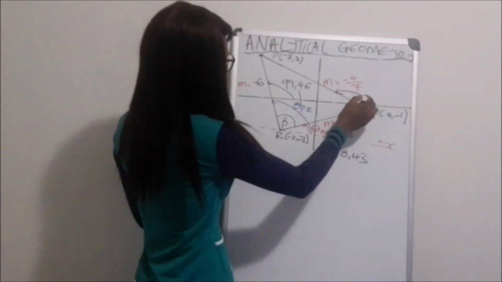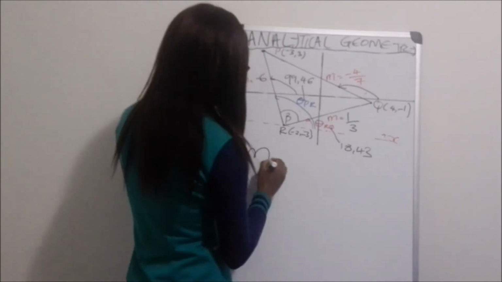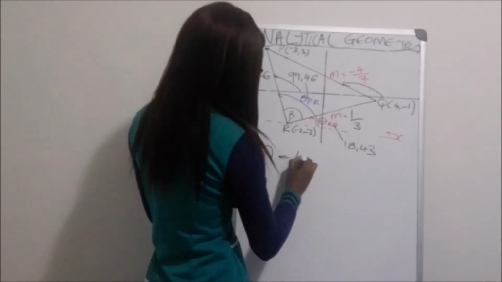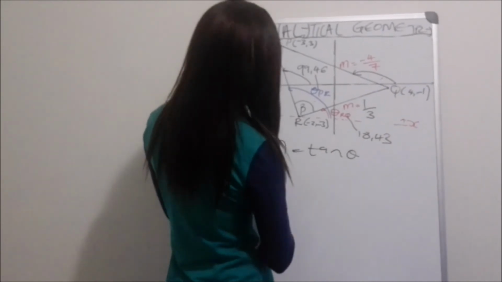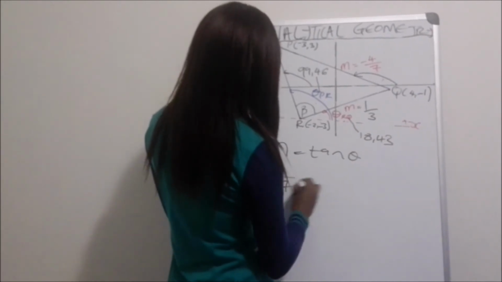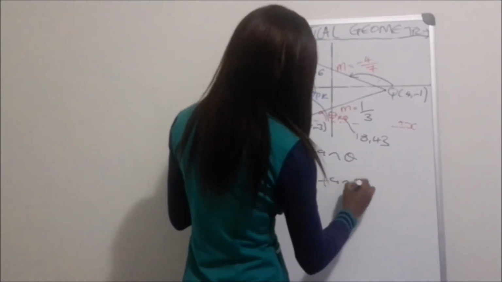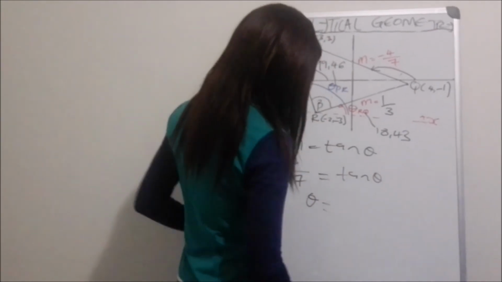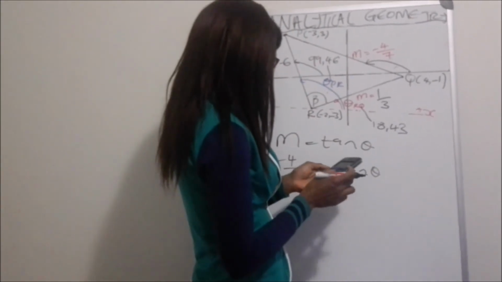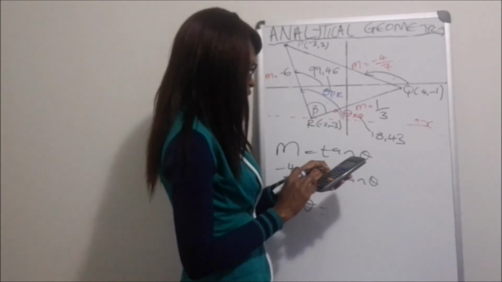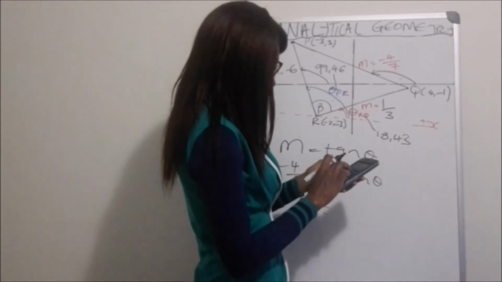And also to find this angle of inclination here, the gradient m is equal to tan theta, of which we have -4,7 is equal to tan theta, and our theta will be equal to shift tan of -4,7.